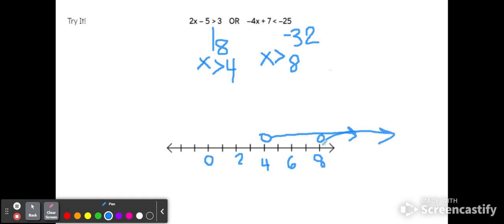The x is greater than 8 is a subset of x is greater than 4. This one has a greater amount of numbers, and so the subset is the smaller portion that is already included in these answers. All right, hopefully you did a great job.